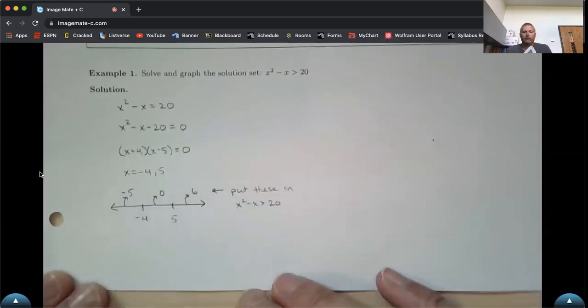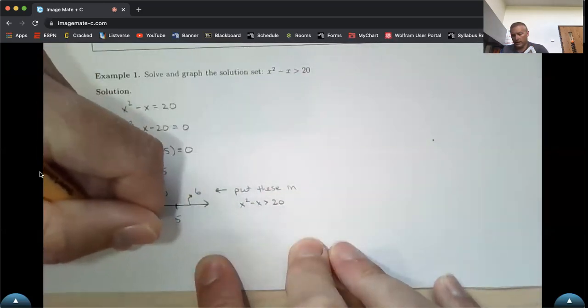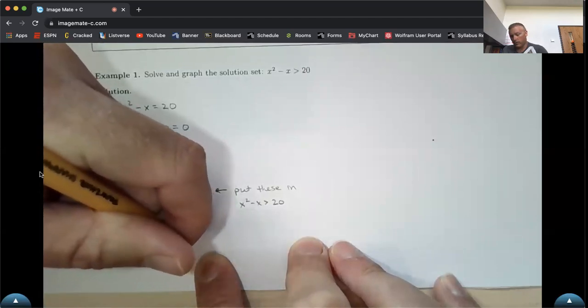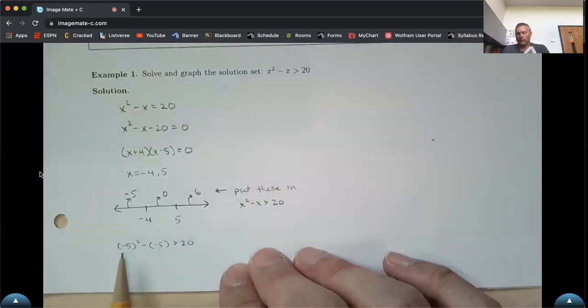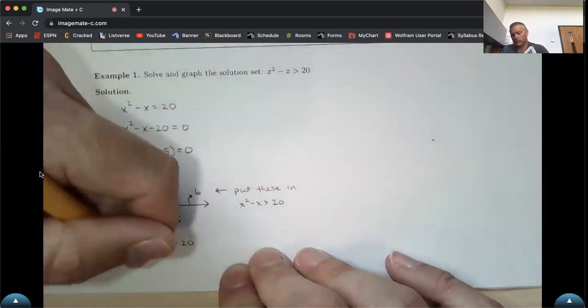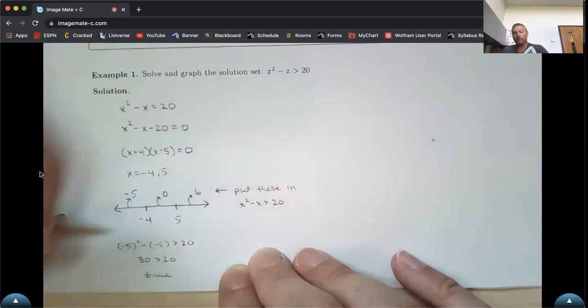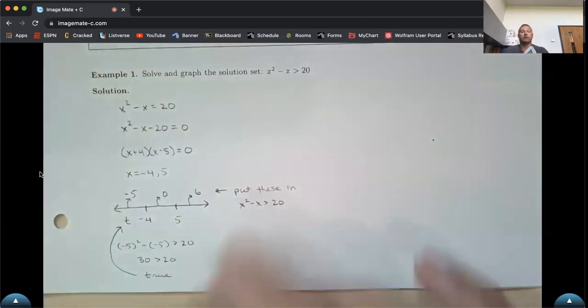So let's put negative 5 into the original inequality. That's negative 5 squared minus negative 5 greater than 20. This says 25 plus 5, so that's 30, is greater than 20, and that is of course a true statement. So just to remind myself, I'll write a little t here.